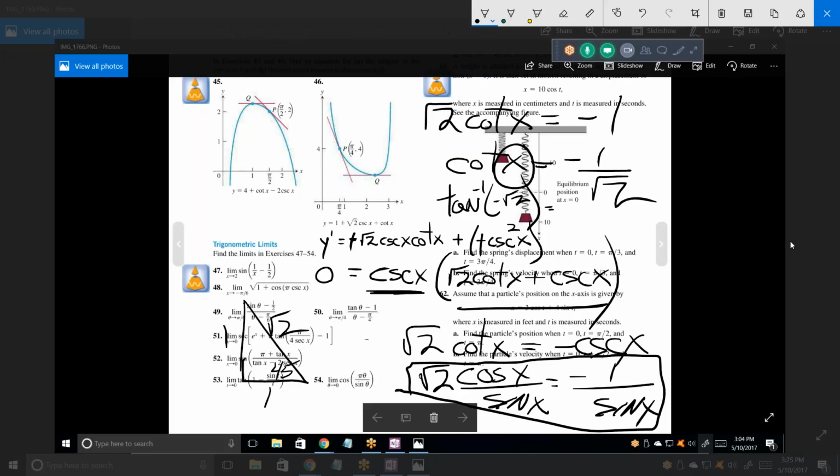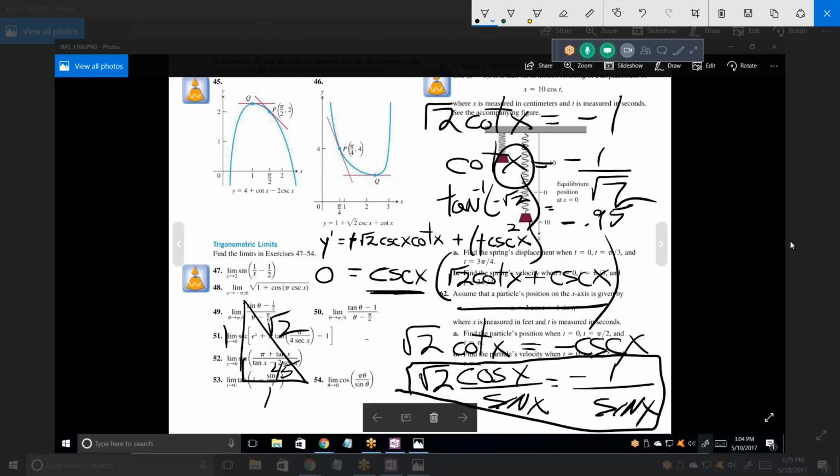Inverse tan of negative square root of 2. Okay. I got negative 0.95531. It's hard to tell if you're in radians or degrees. I'm in radians. Should I go to degrees? Yes, for degrees. Not necessarily.